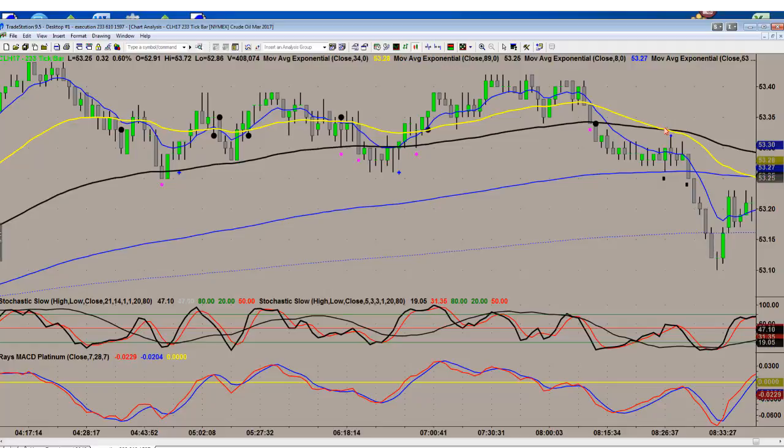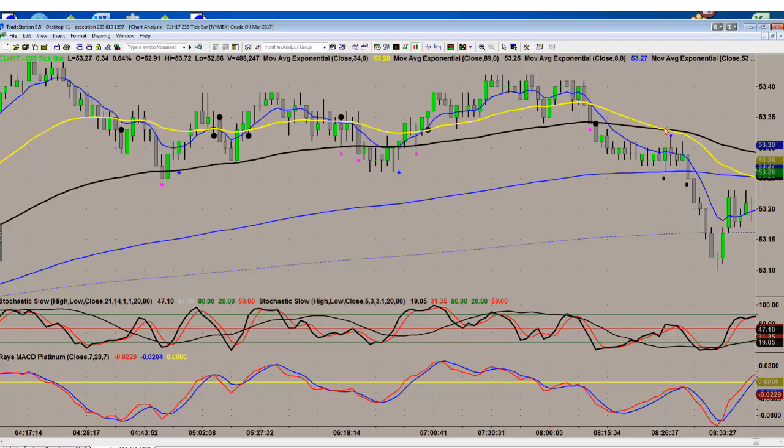Let's talk about taking a look at the stochastics and the MACD at that particular time. The T20 and T20-1, which is the crossover moving average approach, is not too concerned with the stochastics. It is not too concerned about the MACD.